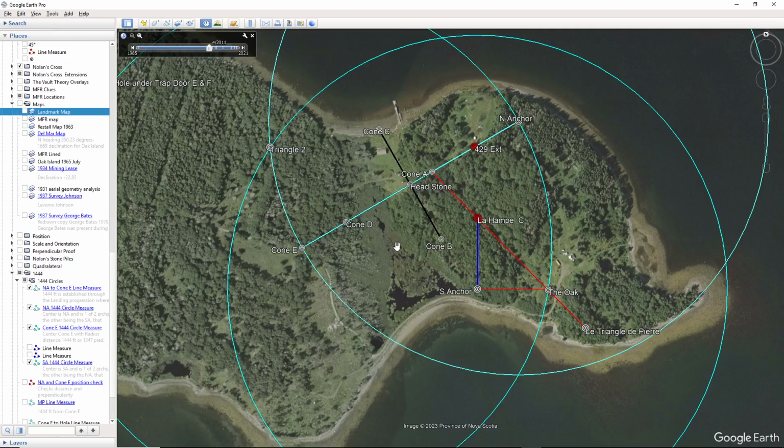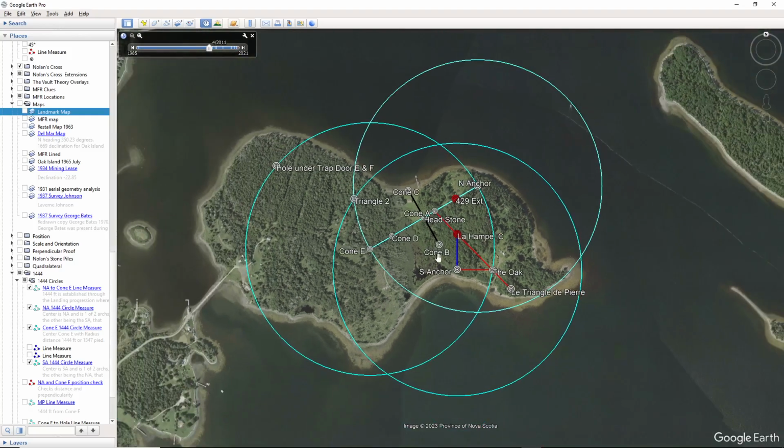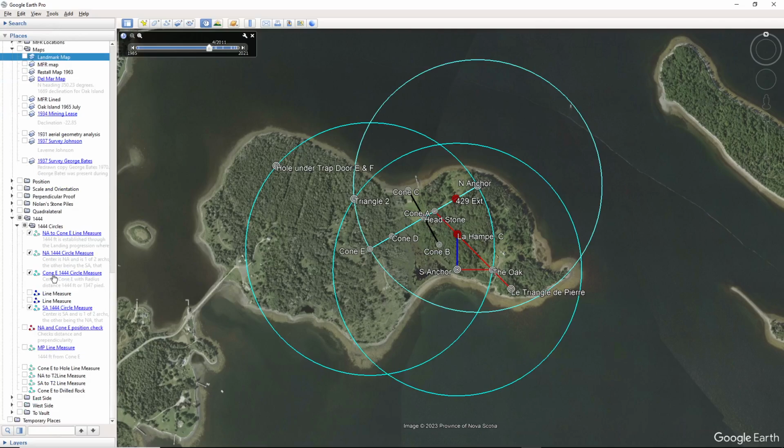So this is the 3 circles of the Zena-Halper map.